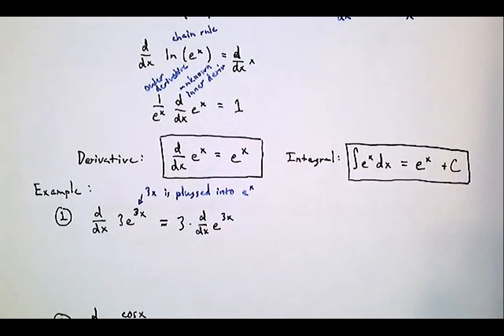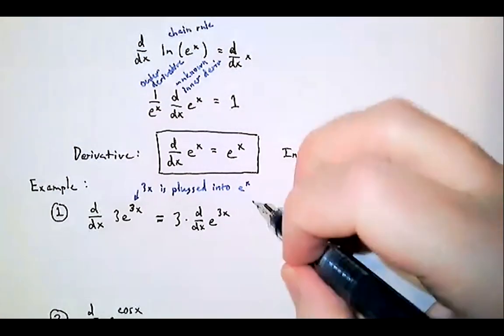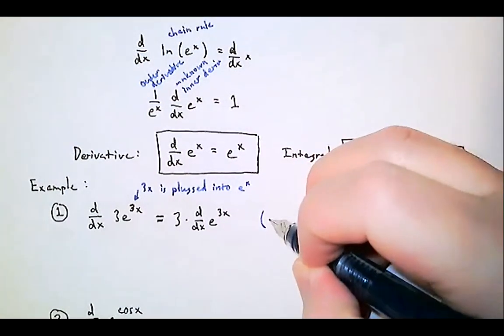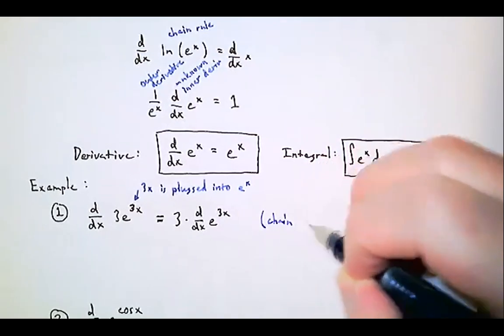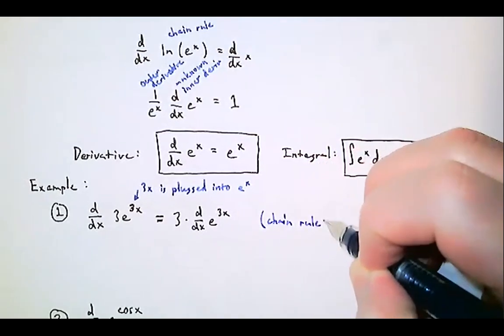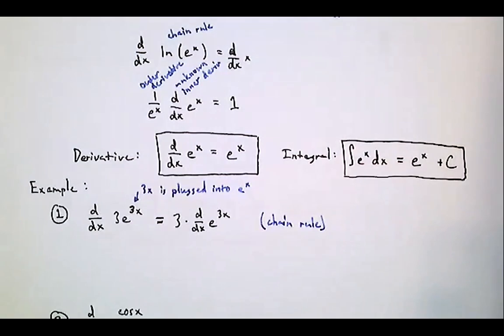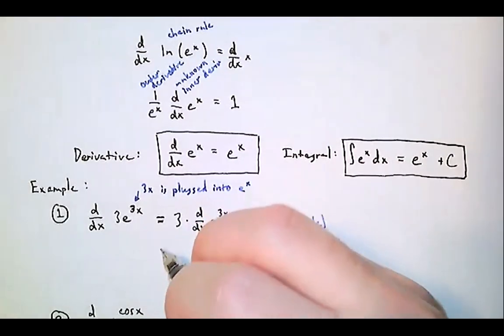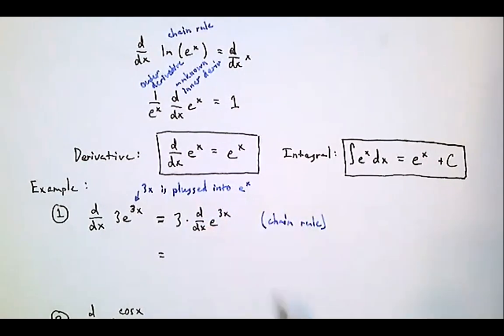Next, we're going to need the chain rule. Because I have one function plugged into another function. We have them composed together. So the outer function is the exponential. 3x is plugged into the exponent.